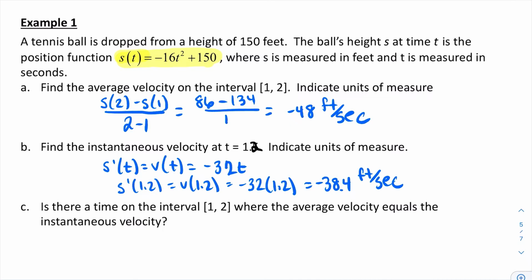Indicate units of measure means give me my units. Okay, and then now, is there a time on the interval where my average velocity, which was this negative 48, equals the instantaneous velocity? Well, the expression for instantaneous velocity is that when I divide, I get 1.5 seconds. That's why I had to change part B, just so you know.